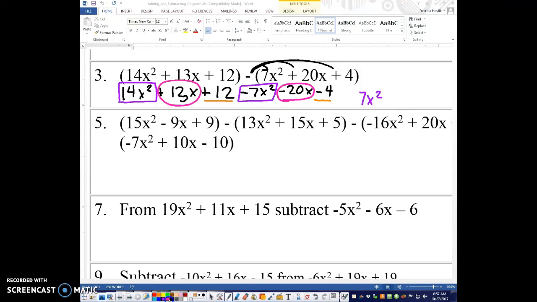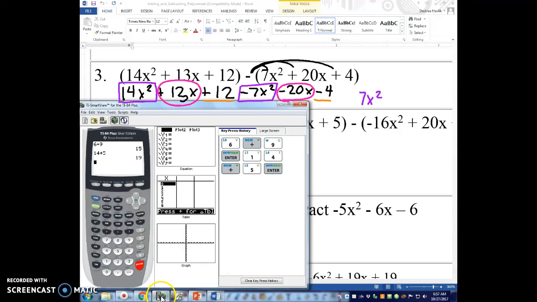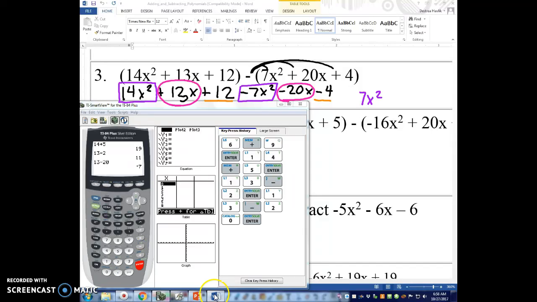Okay, then we go to the x's because that's next in line. So 13x minus 20x. Let's test it to be sure. 13x minus 20x. Oops, 13 minus 20. Negative 7.